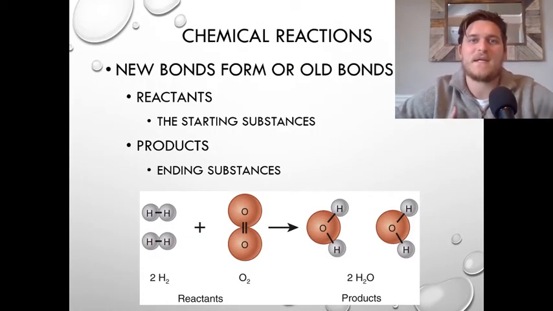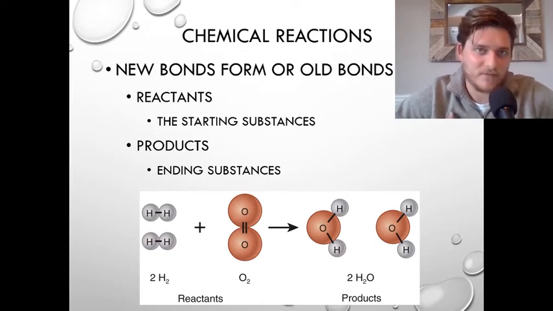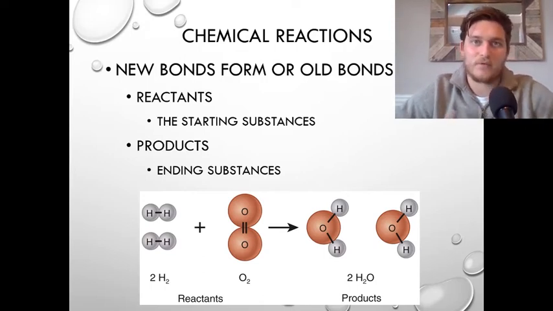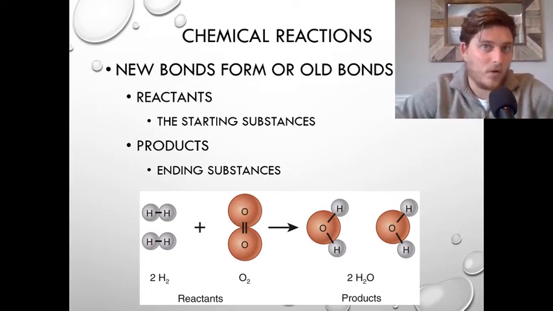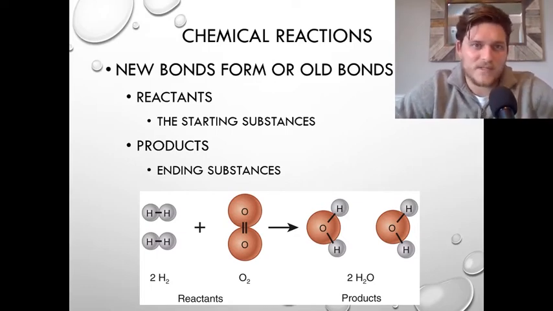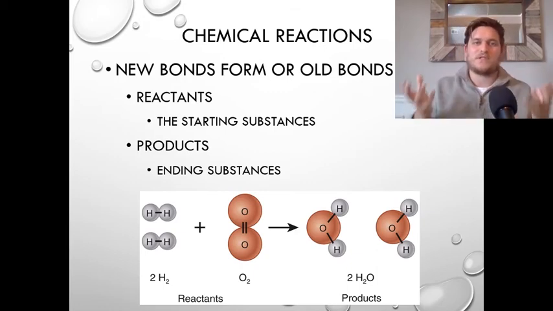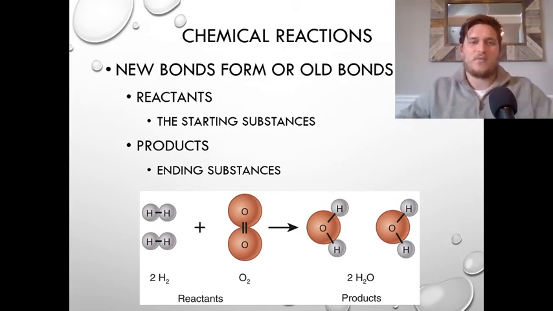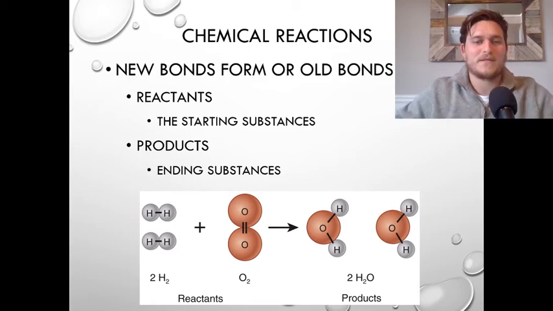What we are going to see in our bodies is that different elements are going to come together to form bonds and then be broken apart. And so these chemical reactions are going to occur all the time within our cells and within our bodies. And so we have what's called in chemistry the reactants, which are your starting substances, which then come together and form a product, which is your ending substance.